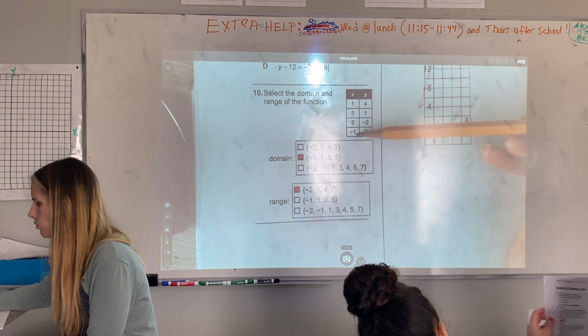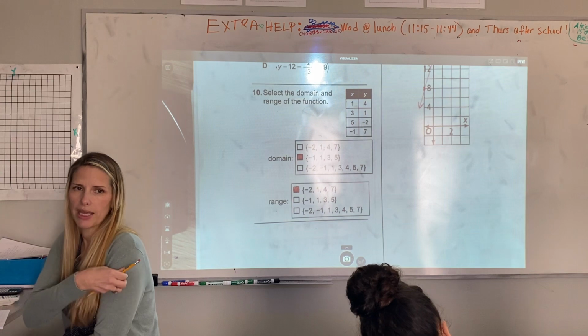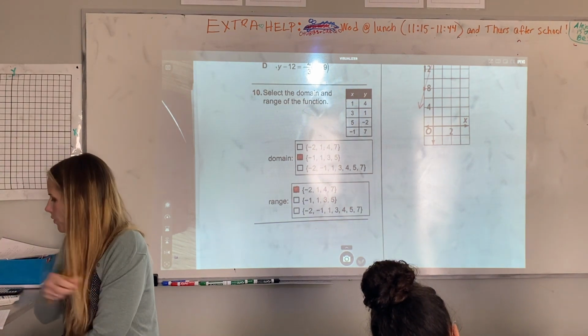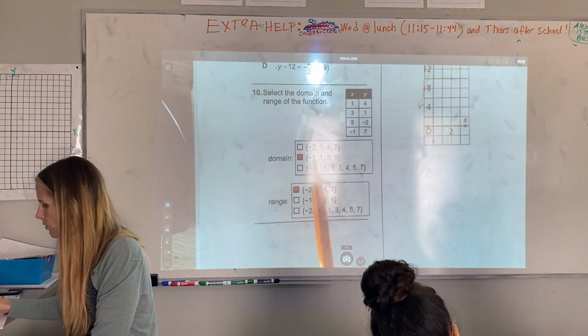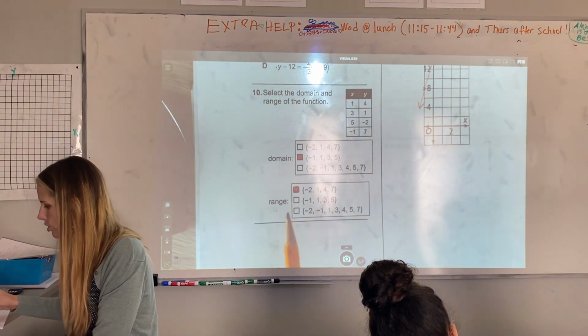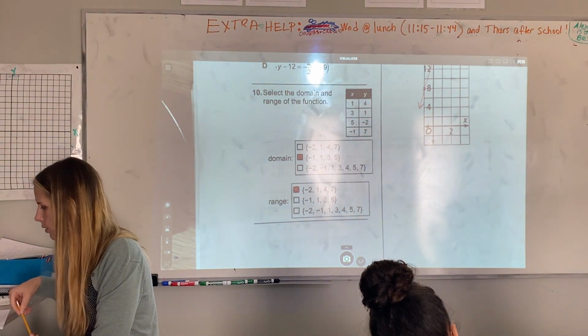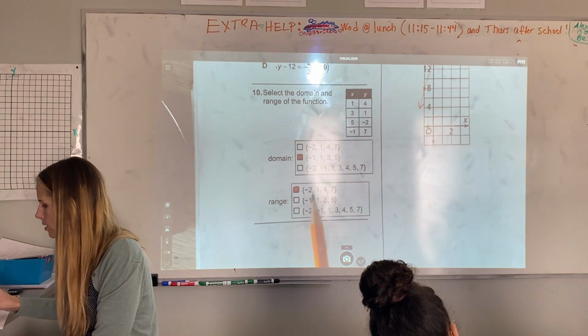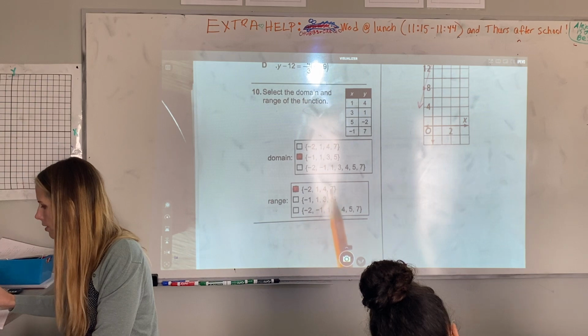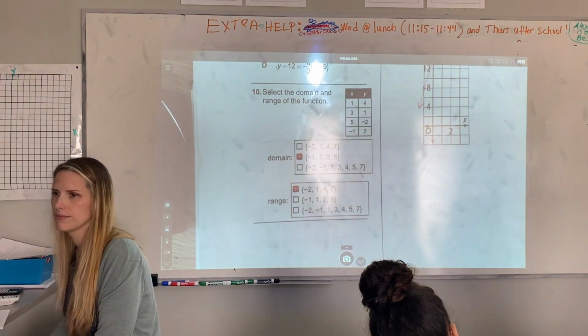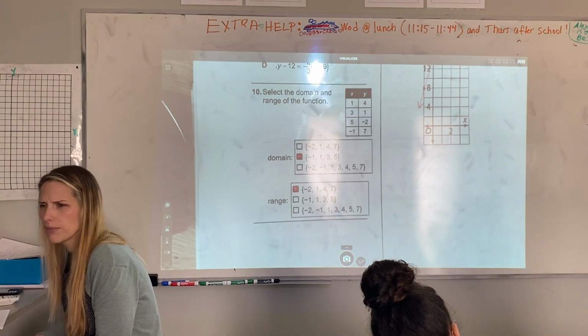The only thing you have to do is put them in order from least to greatest. And then the range is your y values in order from least to greatest, which is -2, 1, 4, and 7.